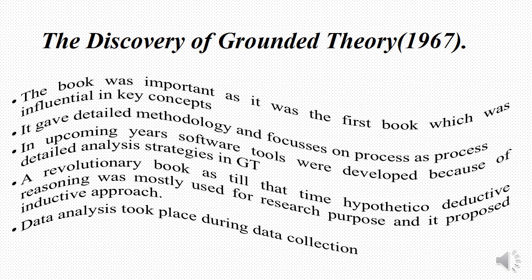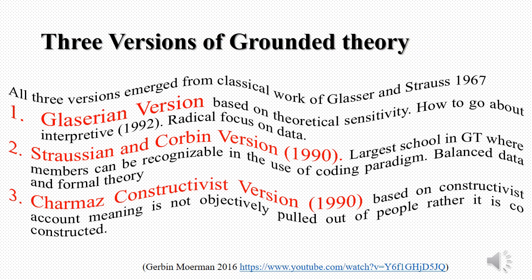But in the meanwhile, Strauss and his team, when they wrote Discovery of Grounded Theory, gave a detailed methodology that focuses on processes as processes. In upcoming years, much software was developed, as I told you earlier in the previous presentations.